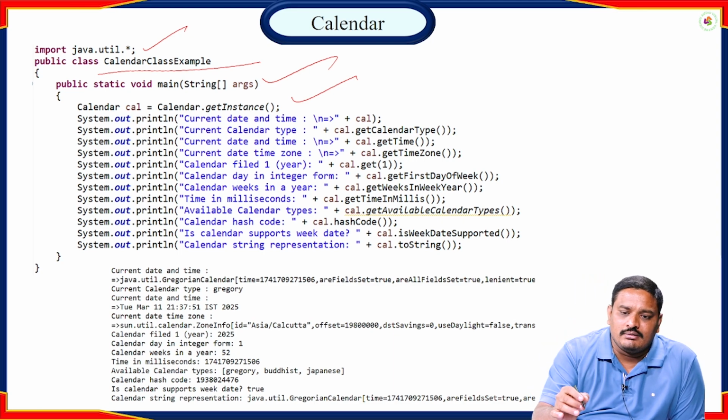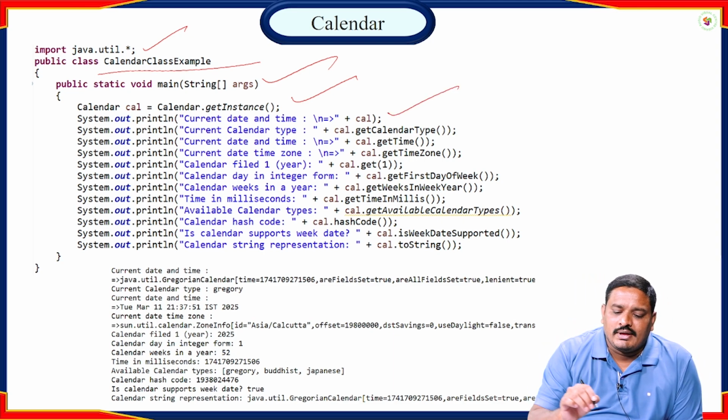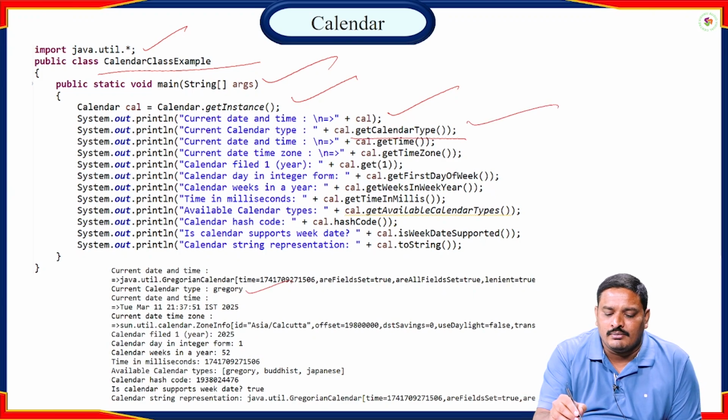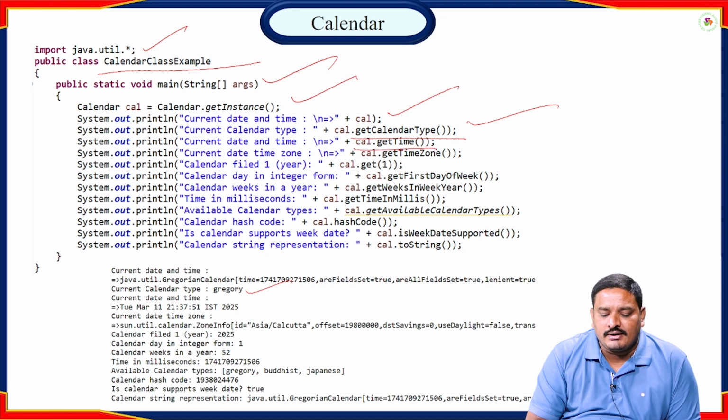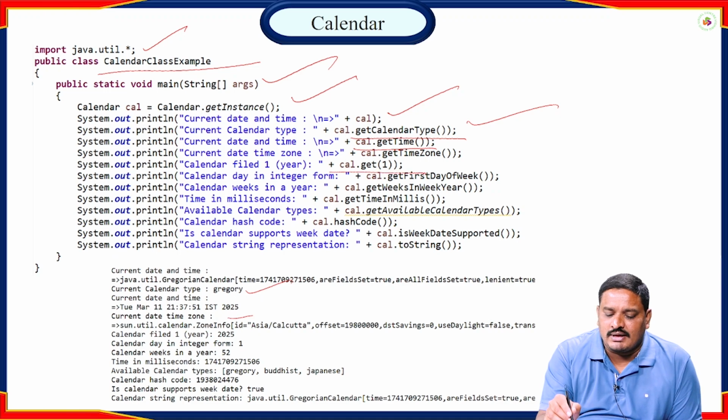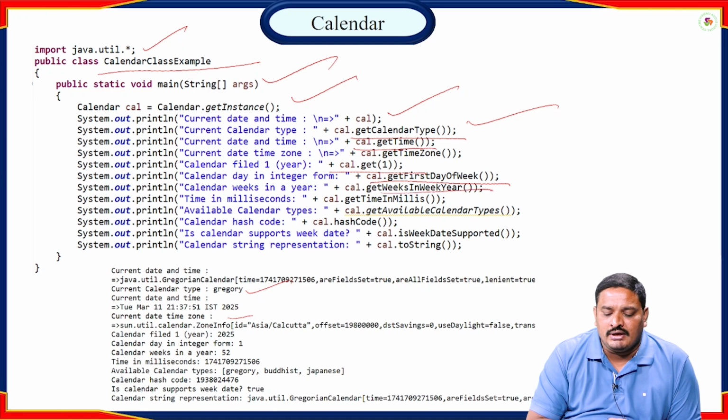So I am taking different methods. Get calendar type is the Gregorian calendar type. Next, calendar.getTime, and the time zone will be displayed. Next one is the first day of the week method, the getWeeksInWeekYear method, getTimeInMillis, getAvailableCalendarTypes, the hashCode method, and the isWeekDateSupported method.